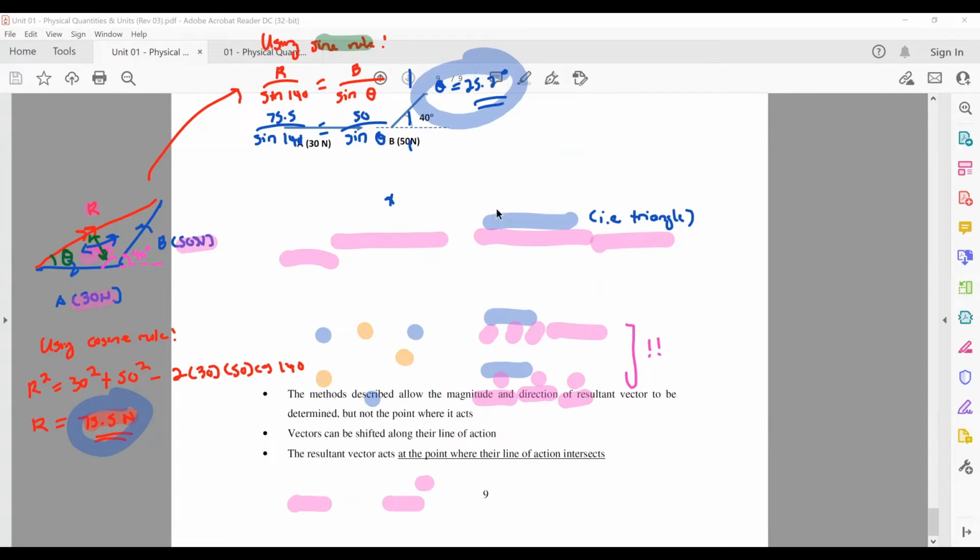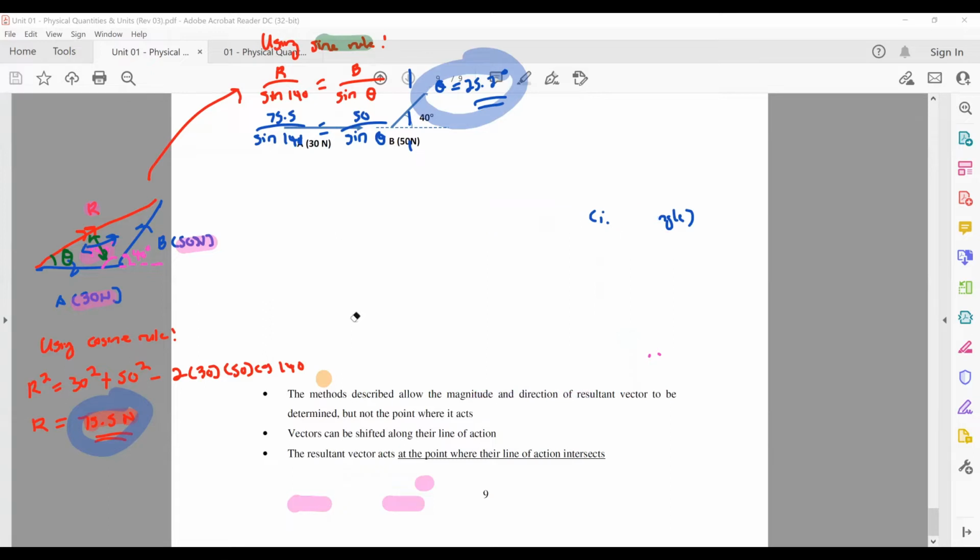Now, there's still one part below here of the notes where I mentioned this to you. If you look at page 9, the last page, there's still some little stuff that I describe at the end, right? Here I mentioned that your methods described only allow the magnitude and direction of the resultant vector to be determined, but not the point where it acts.